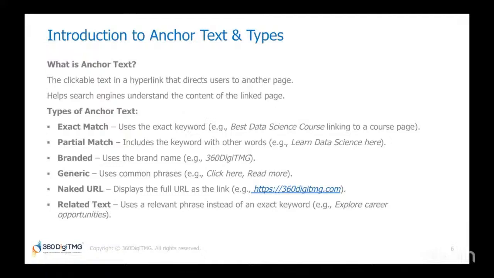The next one is naked URL. It displays the full URL as the link. Example: https, you can take any URL, and that should be in a naked format. Before posting any naked URLs, we need to open the web page URL to check whether it is opening or whether it is showing any error like 404.